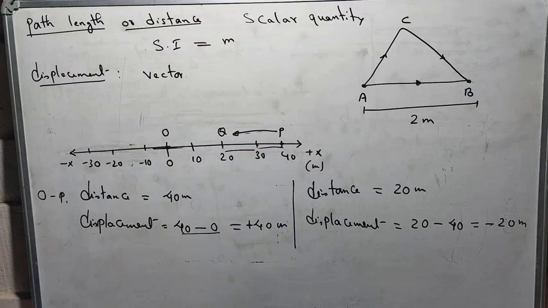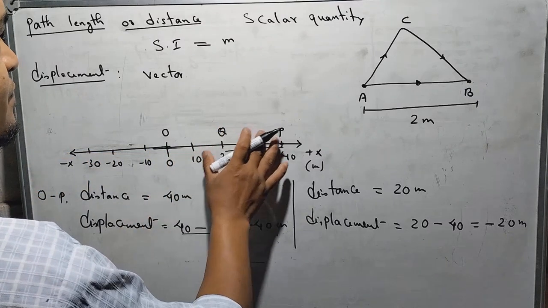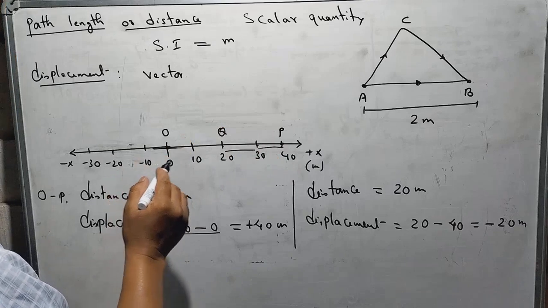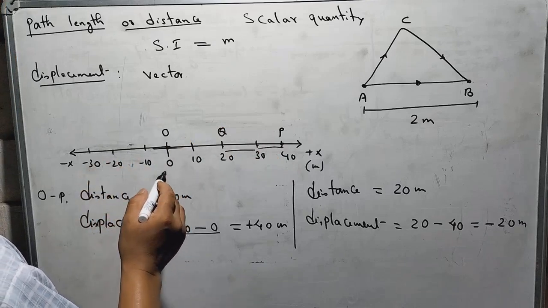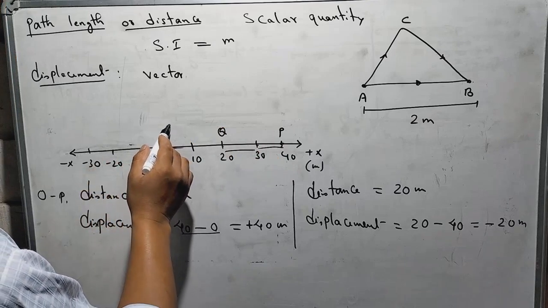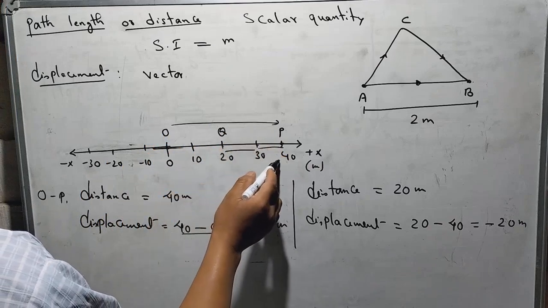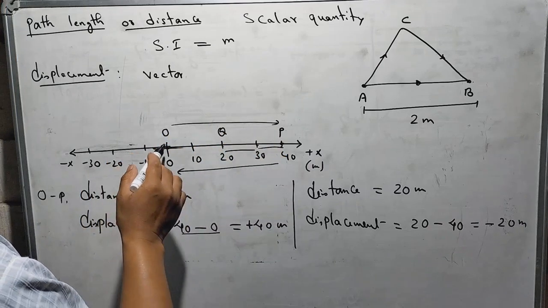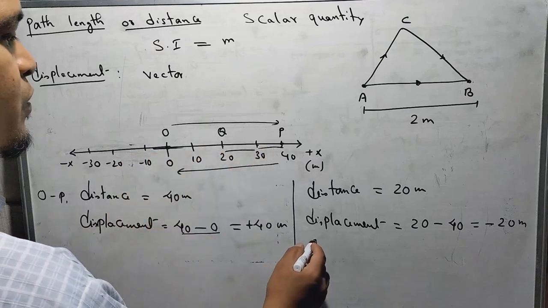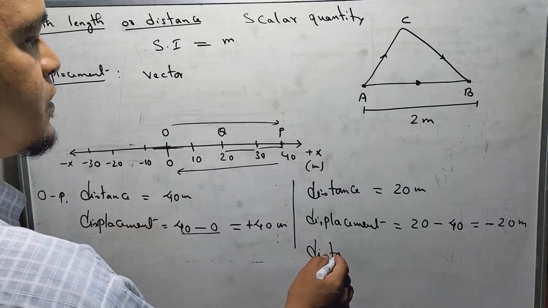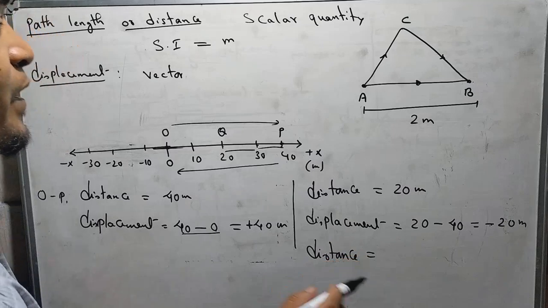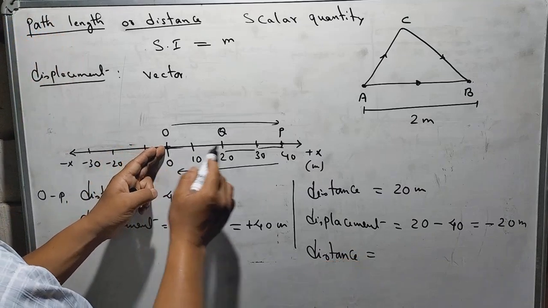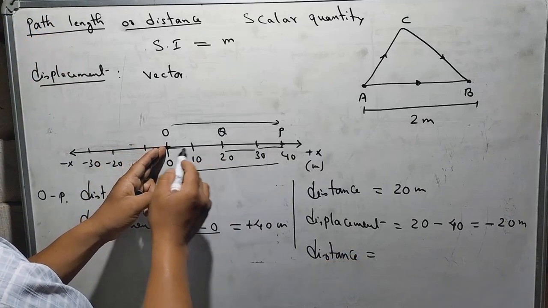Next case is if the object starts from O, goes to P, and from P comes back to O. When the object goes from O to P and comes back to O, then how much is the distance? Distance is the actual length. So the actual length from here to here is 40, and from here to here again 40.